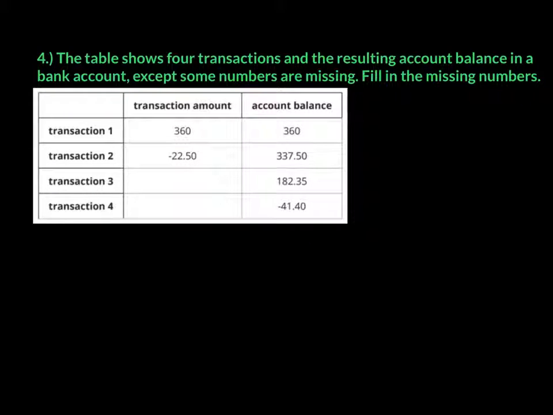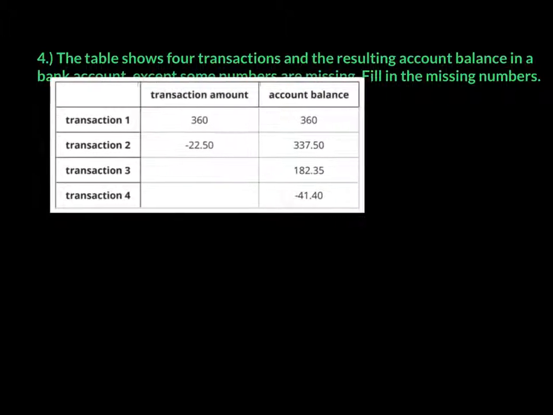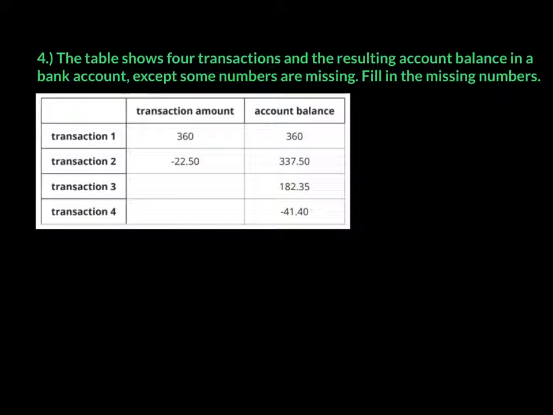These are slightly different because I know that for each of these, I went from here, from like 360, and I still had 360, nothing happened to it. Then I went from my 360, subtracted 22.50, and ended up with 337.50. So for this next one, I'm going to have 337.50.